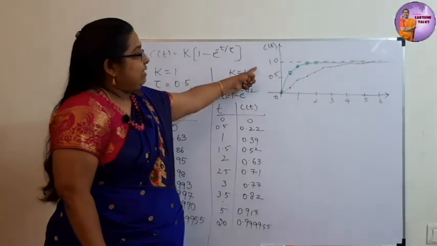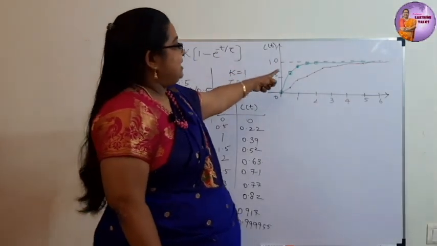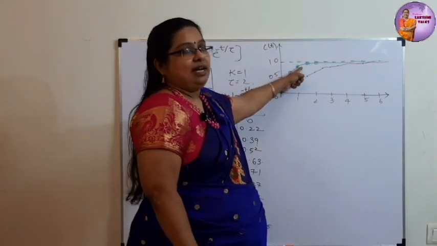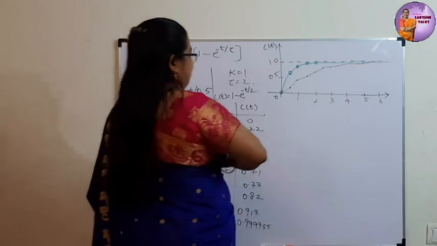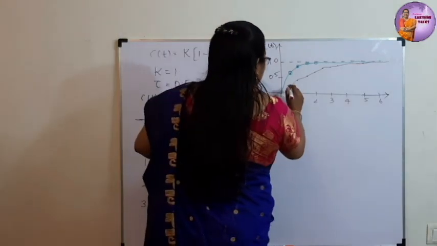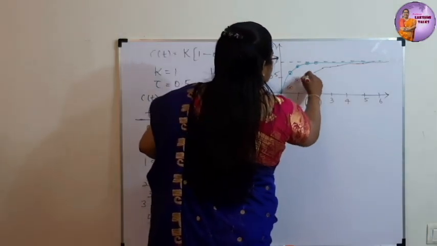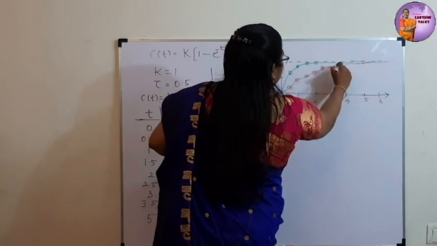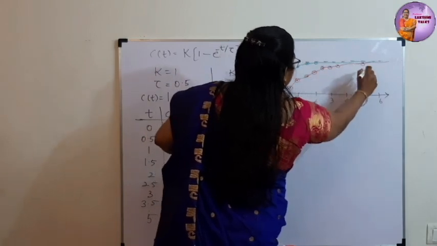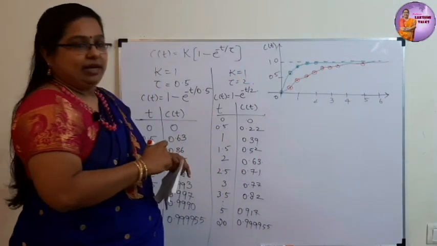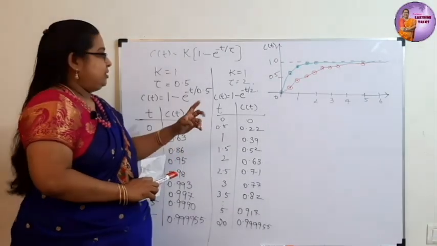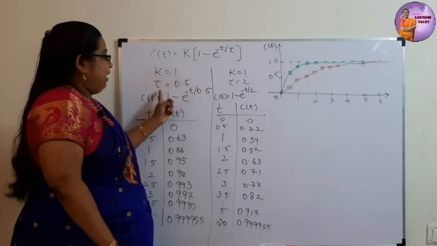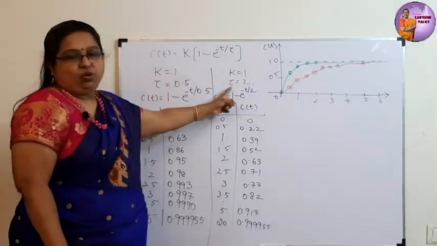And this final value is reached at a faster rate in this particular graph when compared to this graph. Am I right? The same final value 1 is reached a bit late compared to the earlier graph. So what has caused this change? K being the same, only this tau is changed, right?